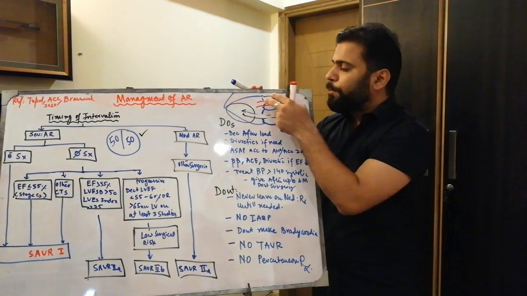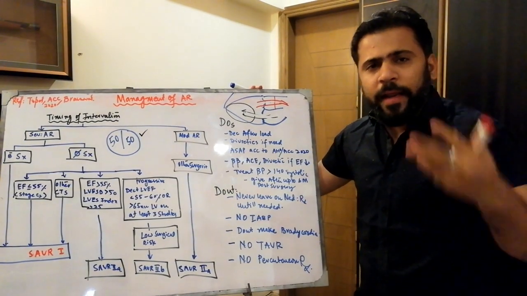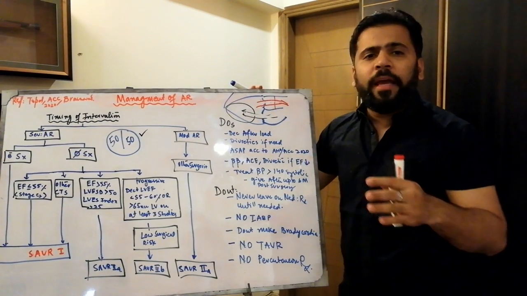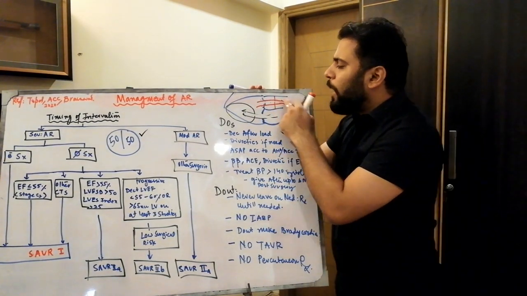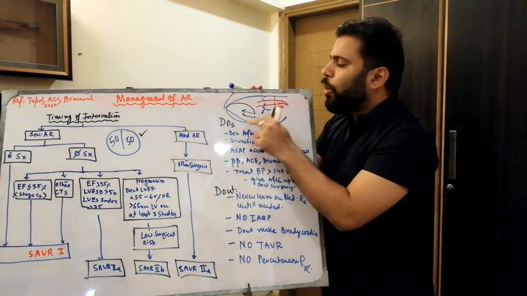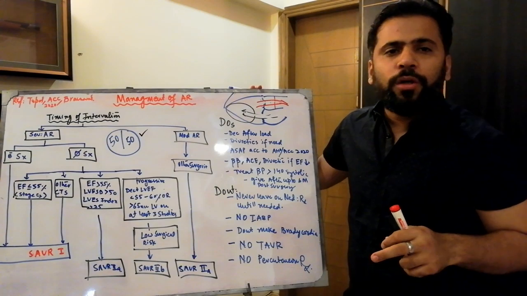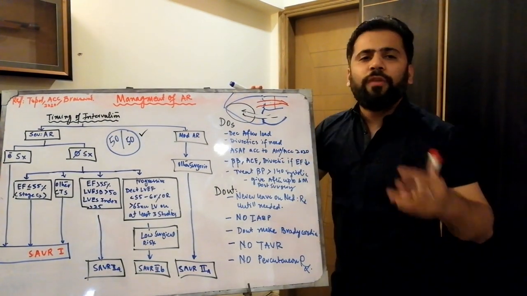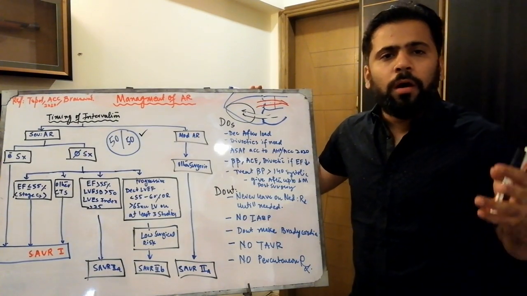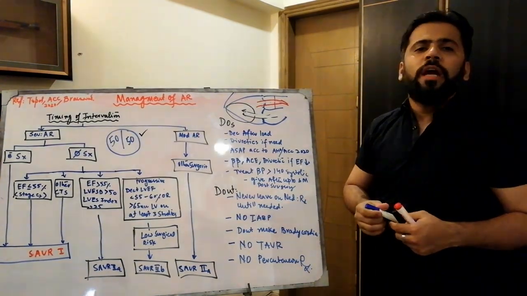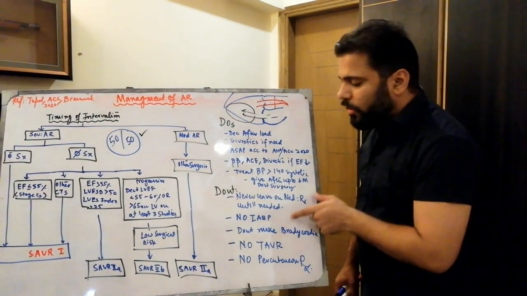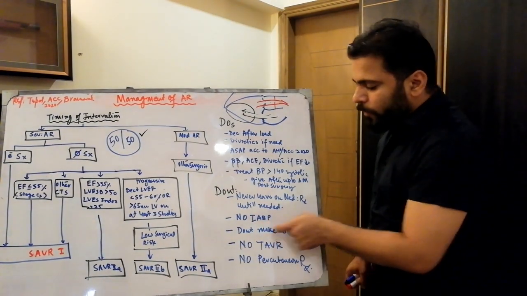But in severe AR, because of the less competent valve, the valve remains open, and when that blood comes back to the sinuses of Valsalva, it will not go into the coronaries but comes back to the LV and causes worsening of AR. It will further worsen your LV end-diastolic pressure and cause acute pulmonary edema. So it is a class 3 indication, a contraindication to put IABP in patients of AR.